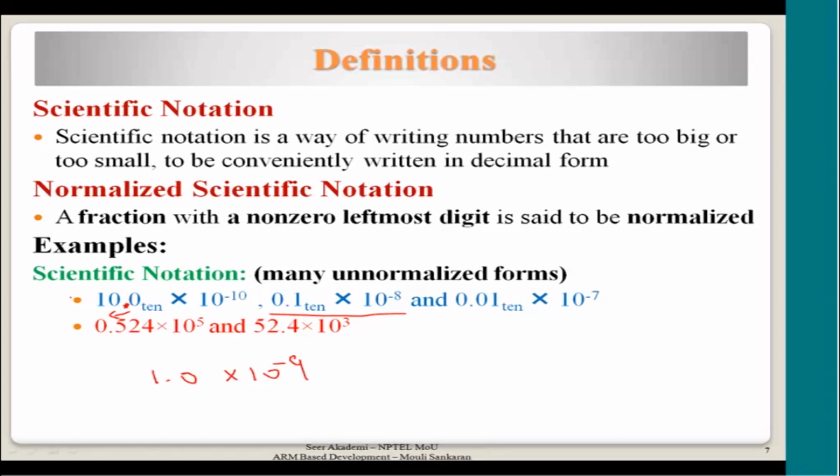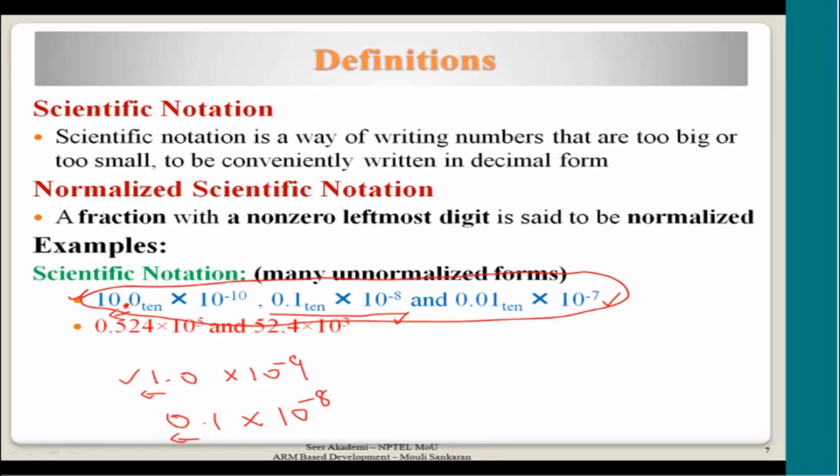This value and this value are the same. Now I would like to move this decimal point further. Suppose I write like this, then it is this notation. Now I can still go on moving this point further and write it this way. So all these values are actually one and the same.